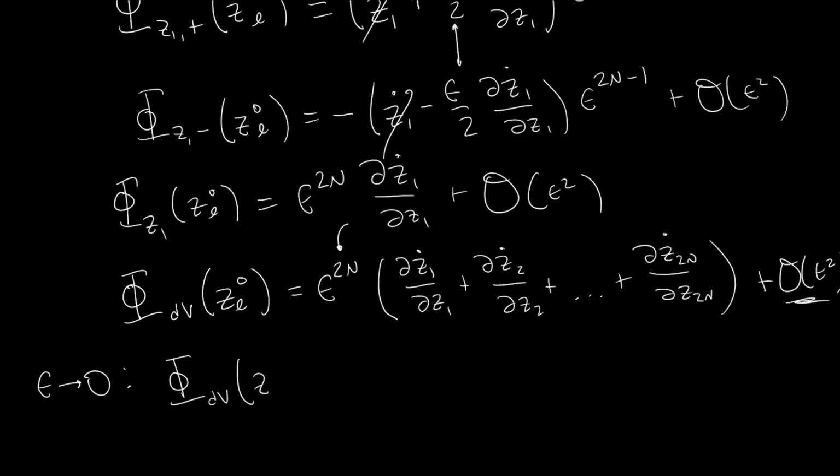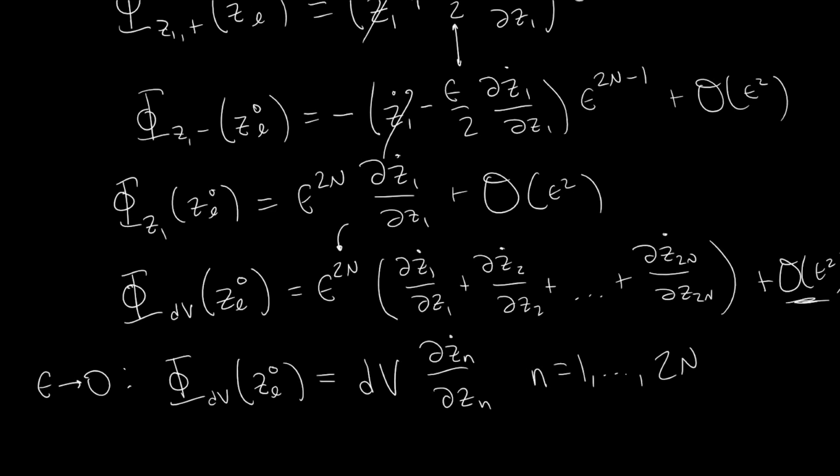So phi dV in this case is just equal to dV times dż_n/dz_n. Actually, I want to call this n to stay consistent with what I was doing earlier, where the repeated indices are, of course, summed. We are summing repeated indices in a derivative like this, and n goes from 1 up to 2n.